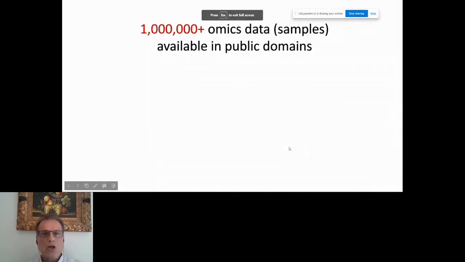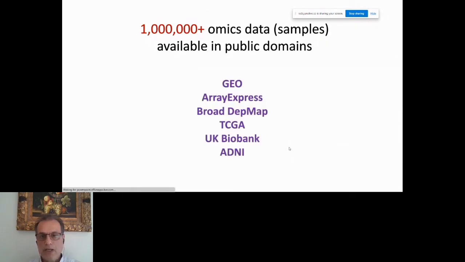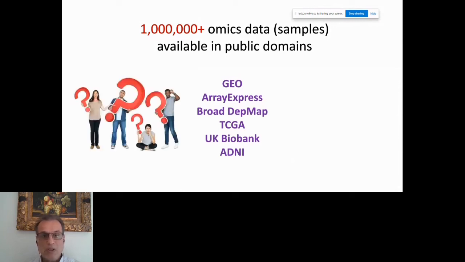Okay. There are more than 1 million omics data samples available in the public domain. For example, GEO, Array Express, Broad DepMap, TCGA, UK Biobank, ADME, and more and more. But the number of bioinformaticians, biostatisticians, and data scientists is limited. And easily 80-90% of people in the life sciences cannot use it, and they need our help to do it.